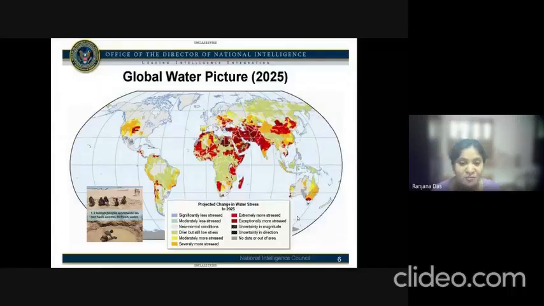So this is just a picture, some statistics and a presentation about the water scarcity scenario in the world in present days.